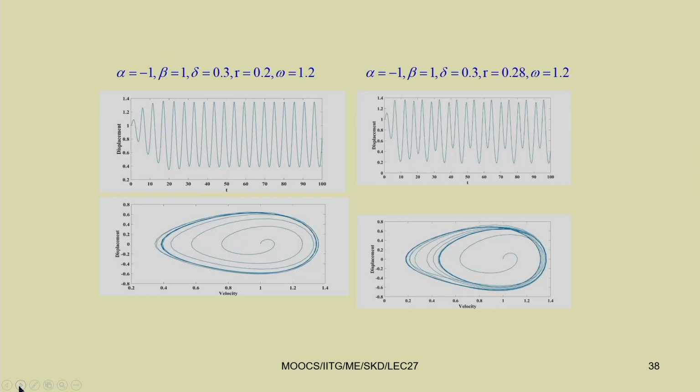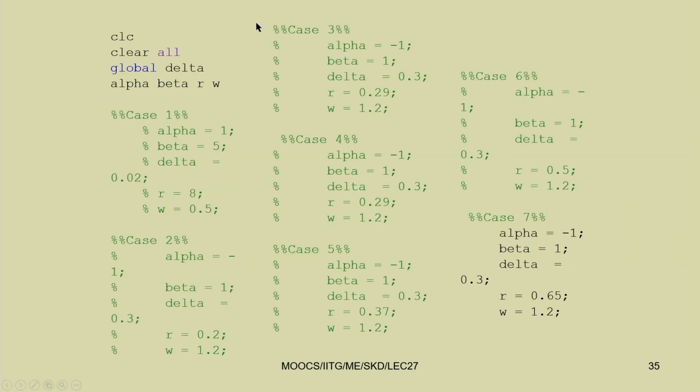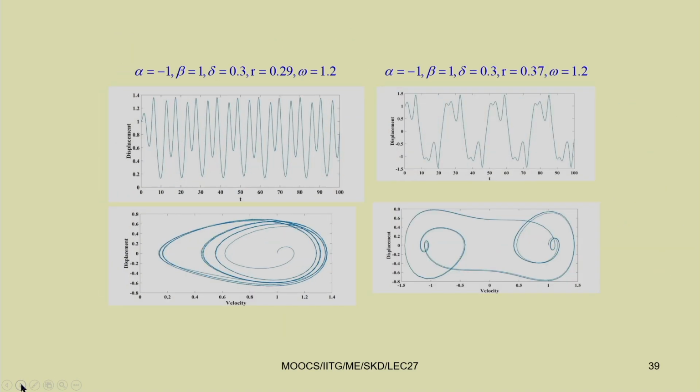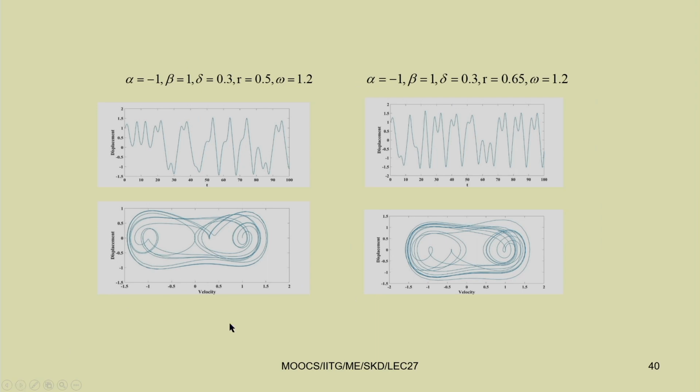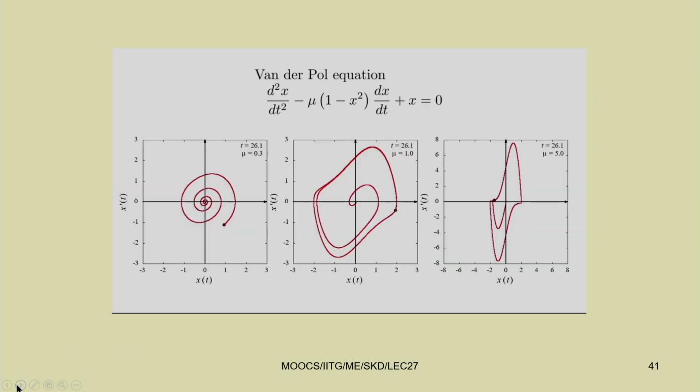You can write your own code for different values of the Duffing oscillator. Here it is for periodic. Different cases we have taken with different values, and they have been plotted. You have seen periodic, then another type of periodic, then chaotic responses.